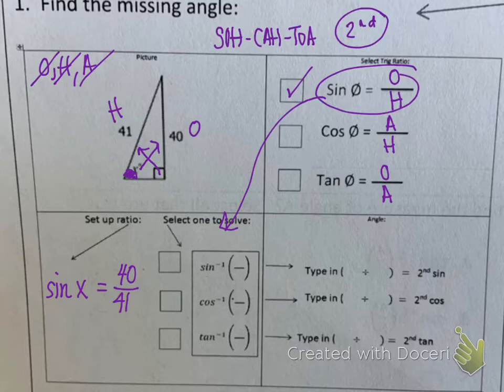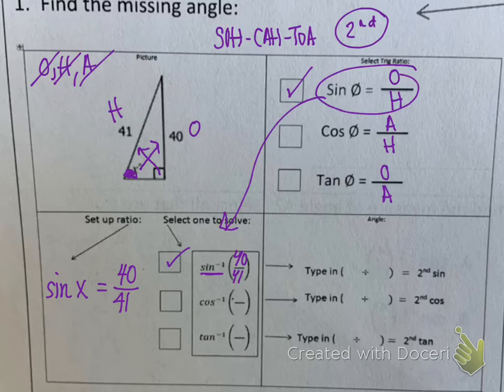So technically, once you have this equation, there's nothing to solve. You're not cross multiplying because you can't actually get x alone, because remember, sine, cosine, or tangent always has to have a reference angle attached to it, so you can't detach the x. So technically, you're going to be plugging this into a calculator, and you're actually going to be typing in sine inverse of 40 over 41.